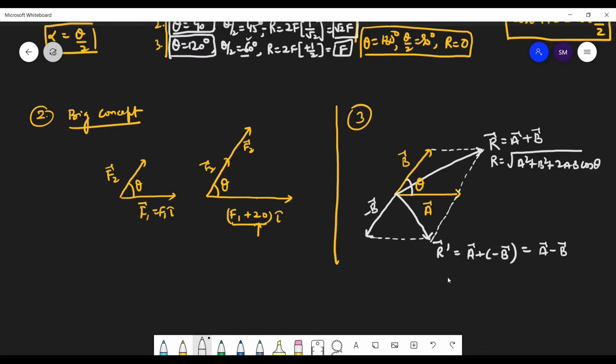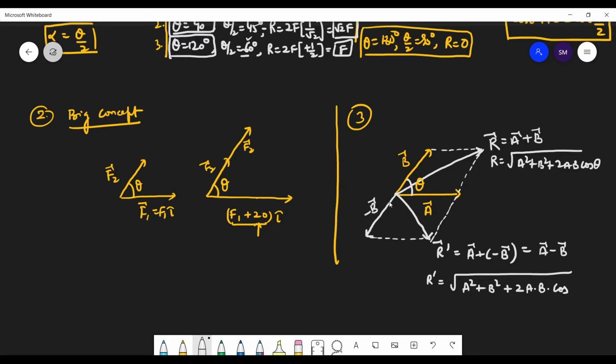Right? Here in this case, while finding the resultant, it will be magnitude of A square, magnitude of B square, plus 2 times magnitude A, magnitude B (direction is negative, but magnitude is B), into cosine of the angle between these two.